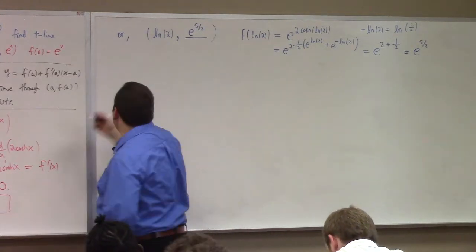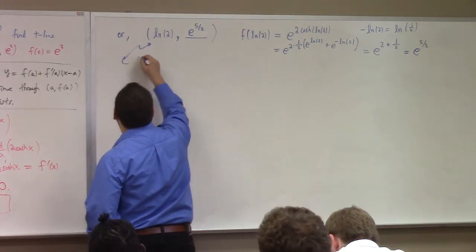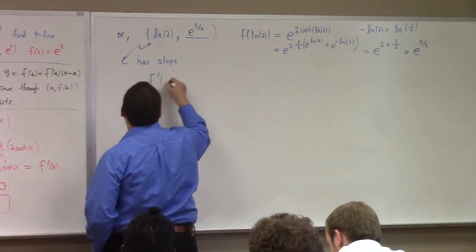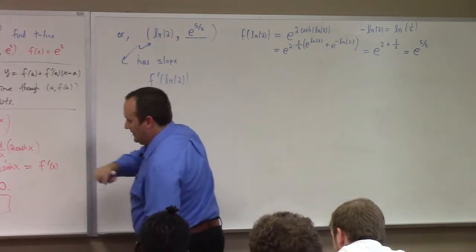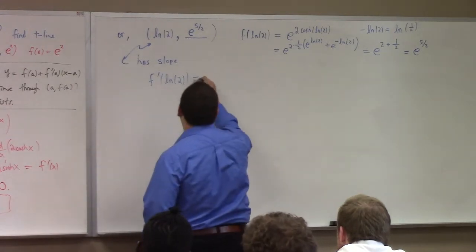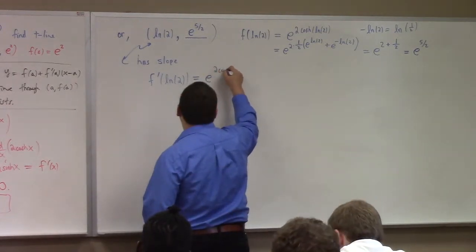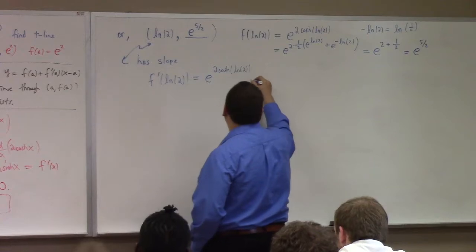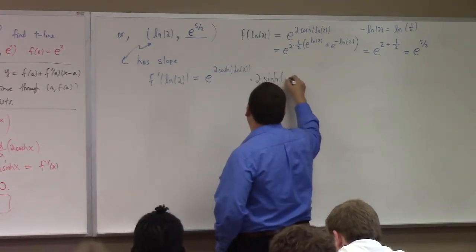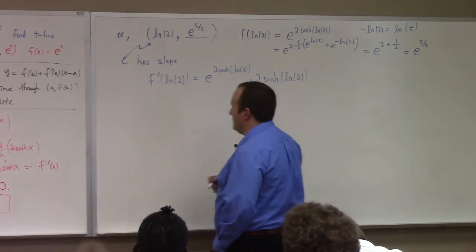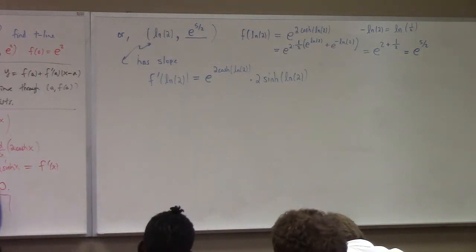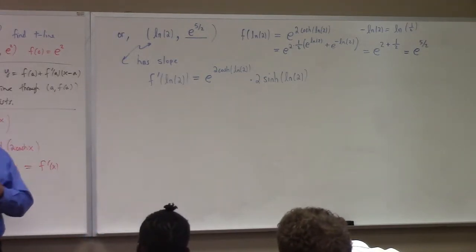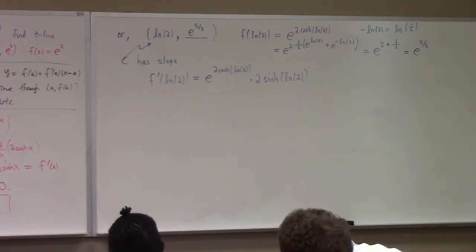So what's the slope at this point? F prime of natural log of 2. What's the derivative at natural log of 2? My derivative function was e to the 2 cosh of the natural log of 2, times 2 sinh of the natural log of 2. The reason I picked natural log of 2 is because I think it's a helpful arithmetic for us to go through.